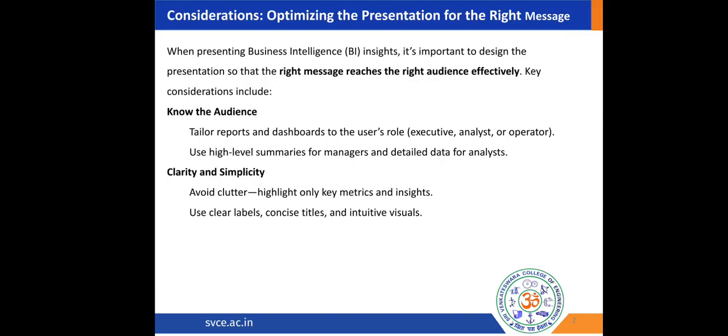And also we have types of knowledge. One is explicit knowledge and the other is tacit knowledge. Information that is documented, tangible and easily shared, we can refer to as explicit knowledge.